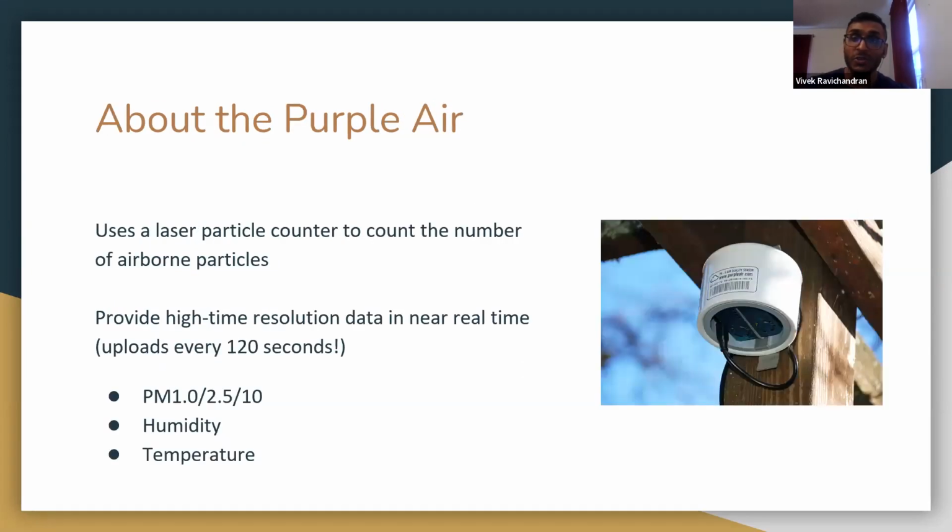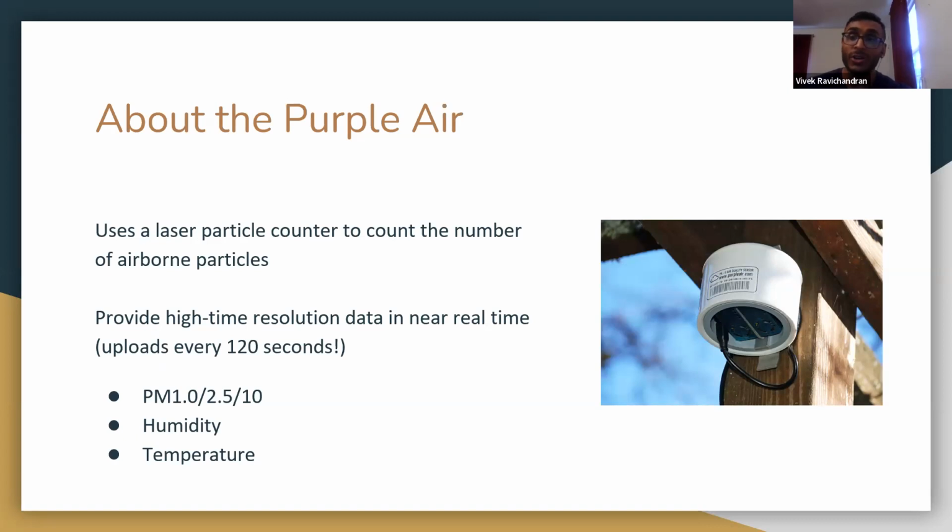Behind the technology, it utilizes a laser particle counter, and through an algorithm, it's able to depict your PM1, which are ultrafine particulate matter less than 1 micron in diameter, PM2.5, which are fine particulate matter, and PM10, which are the larger dust particles.